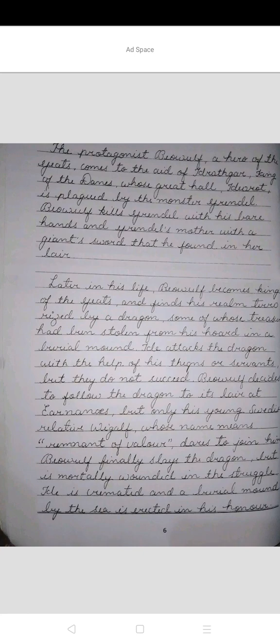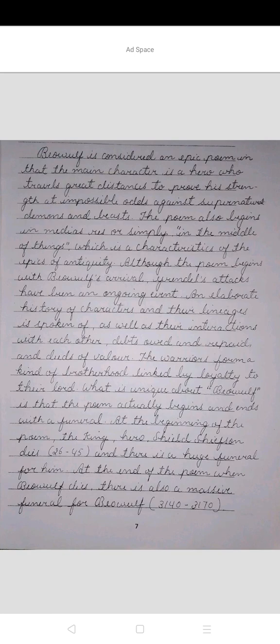He is cremated and a burial mound by the sea is erected in his honor. Beowulf is considered an epic poem in that the main character is a hero who travels great distances to prove his strength at impossible odds against supernatural demons and beasts.